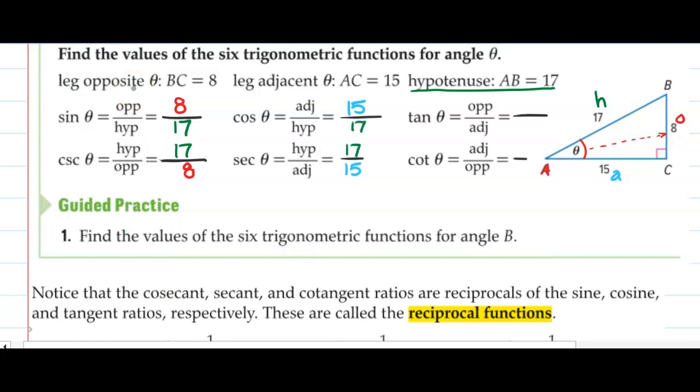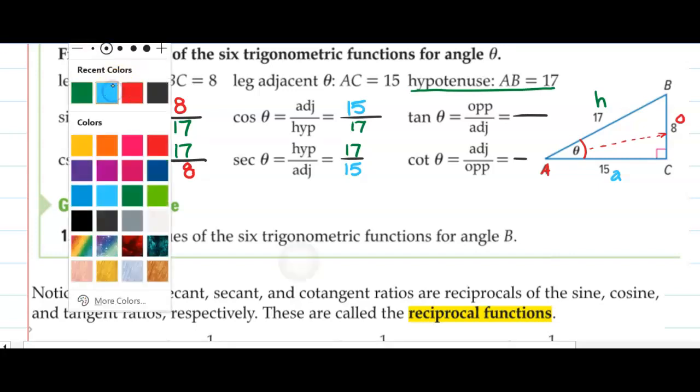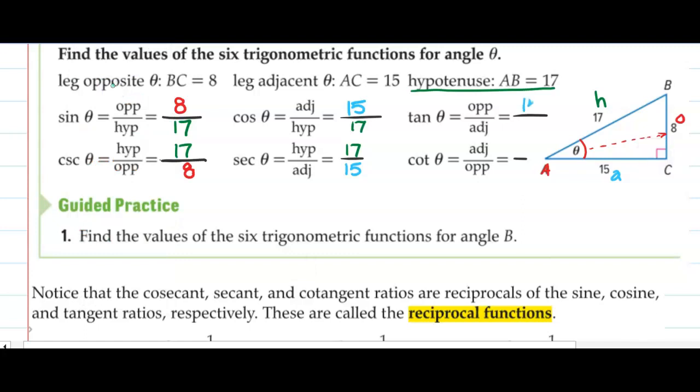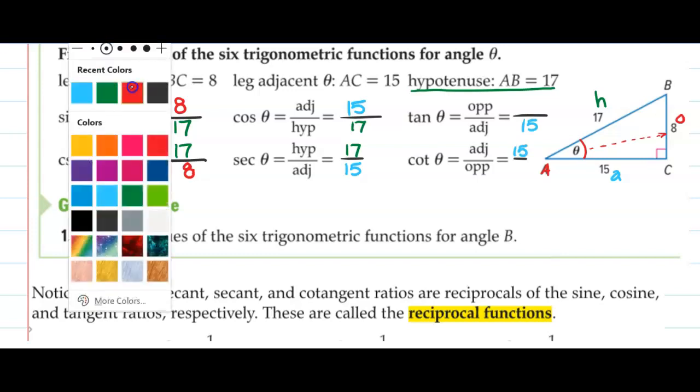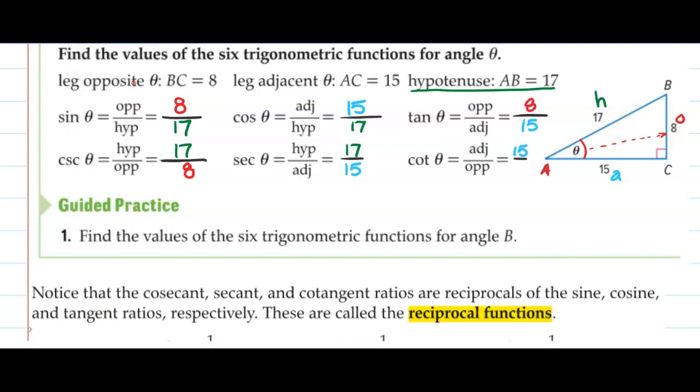For the tangent, I want TOA, T-O-A. I need the ratio of the opposite to the adjacent. The opposite is 8. The adjacent is 15. And then taking the reciprocal of 8/15, we'd have 15 over 8.